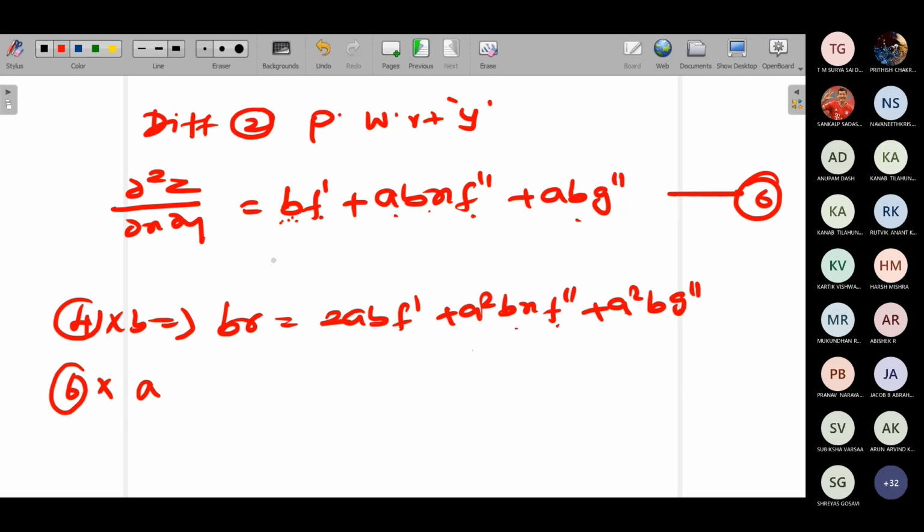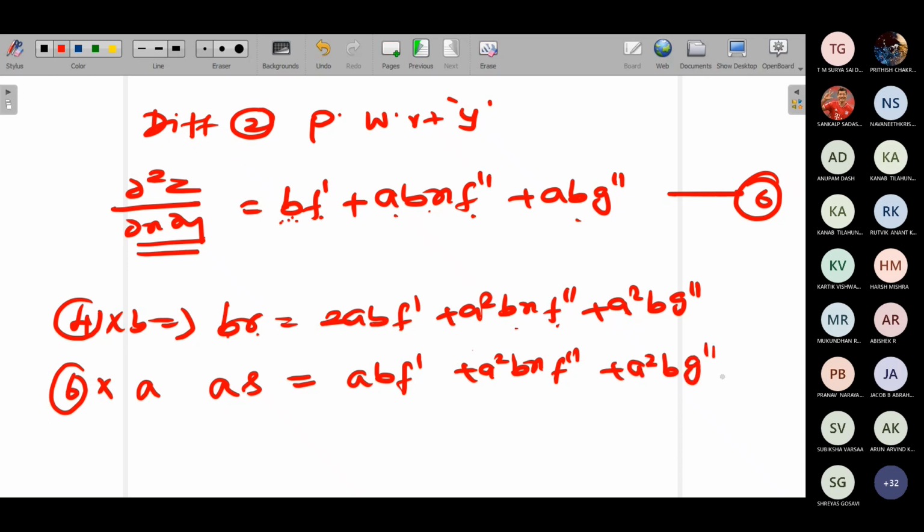The left hand side will become a into dou x dou y, which you denote by s. It will be equal to ab into f dash. Here I'll get a square bx f double dash plus a square bg double dash.